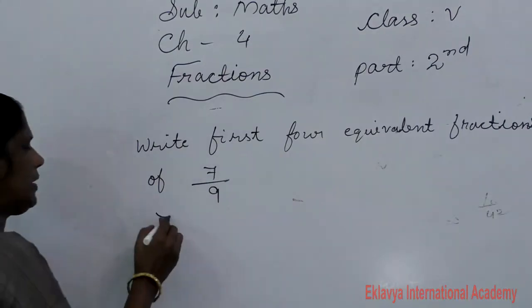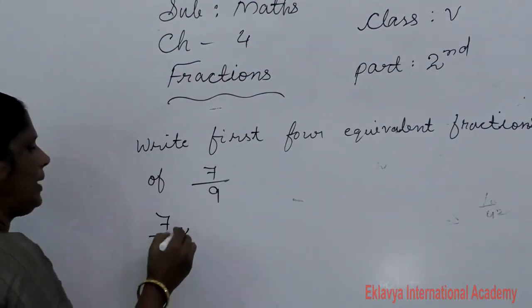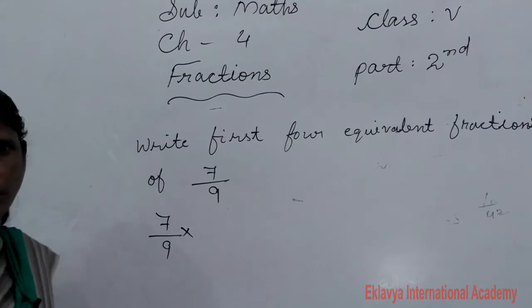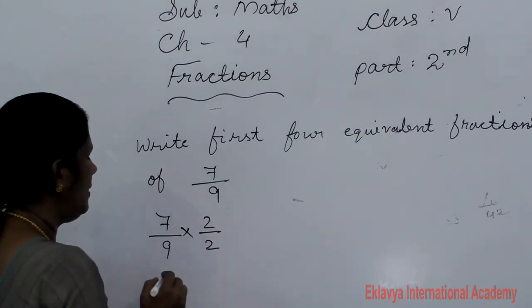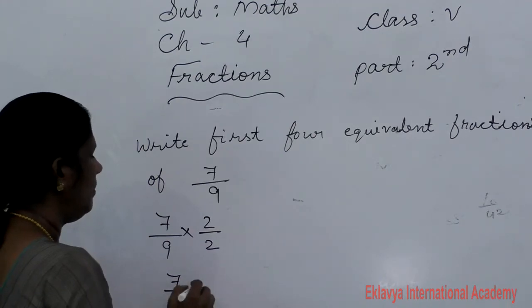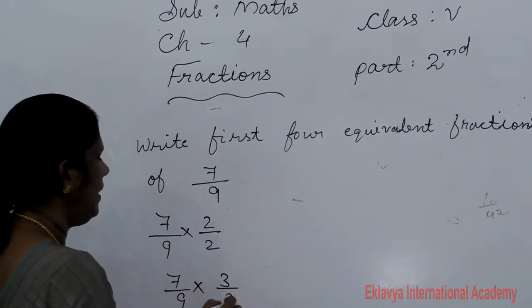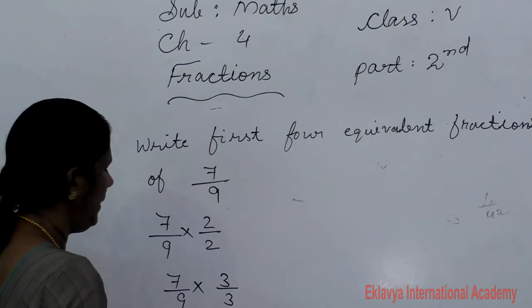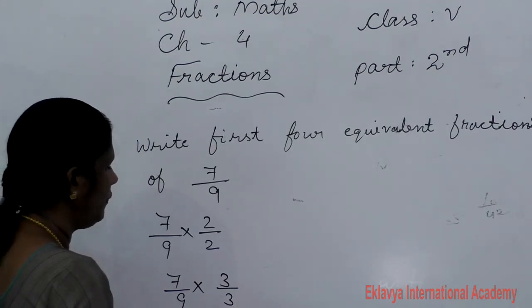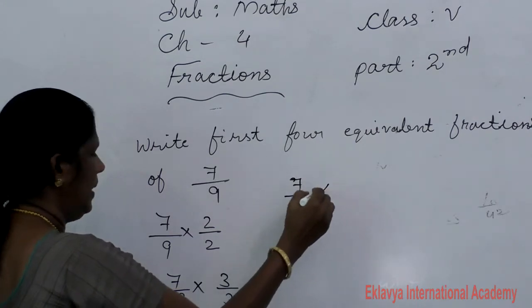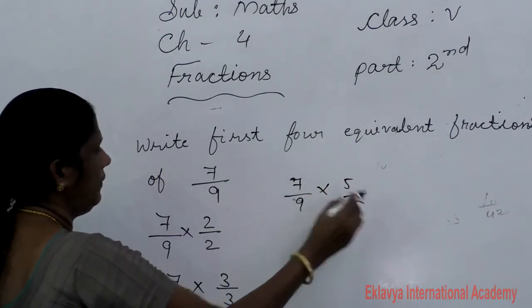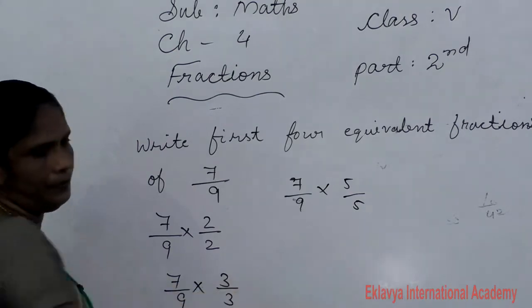First 7 by 9, we start with 2. 2 by 2, then 7 by 9 multiply 3 by 3, then 7 by 9 multiply 4 by 4, then 7 by 9 multiply 5 by 5. 1, 2, 3, 4, okay.